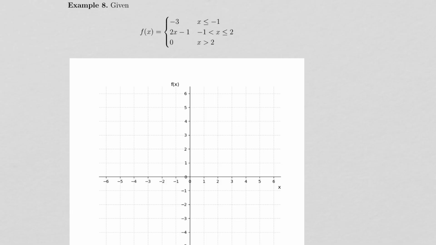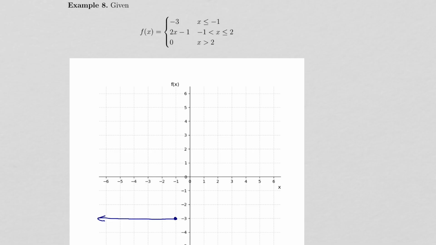So what that means is, right, if my domain is less than or equal to negative 1, we're going to find out we don't actually need this filled in circle here, but I want to put it in for now. Then the output is negative 3. So this goes on forever, right, to the left. Right? It's going from negative infinity all the way up to negative 1.